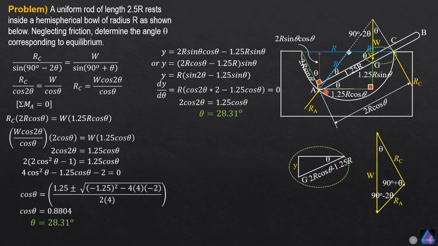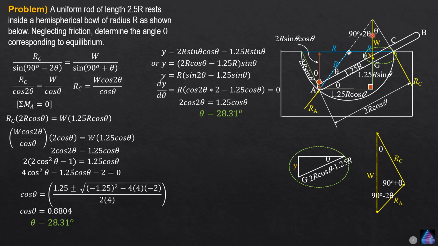While the angle of inclination theta is the angle between R sub C, which is perpendicular to the bar because it is frictionless, and the vertical and the weight, so that's theta also. So drawing the force triangle beginning with the weight W, then this is RA, which makes with the vertical 90 degrees minus 2 theta.